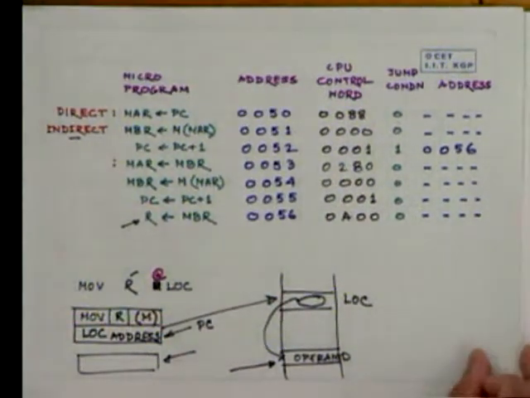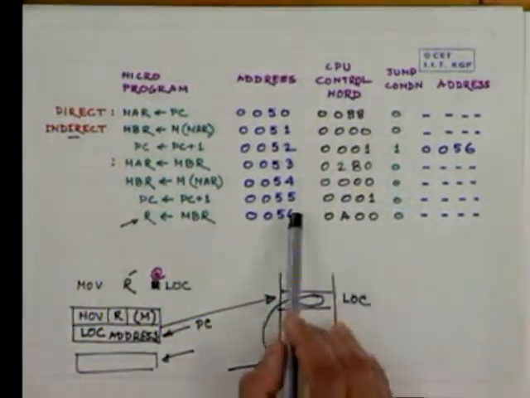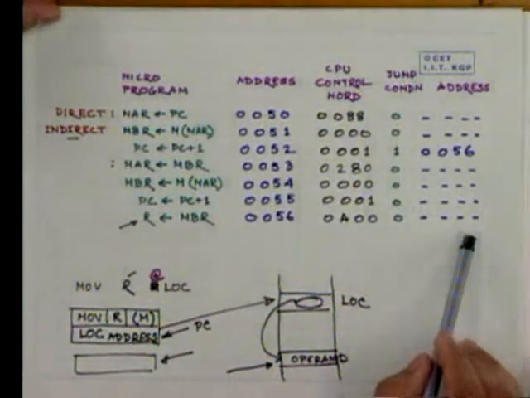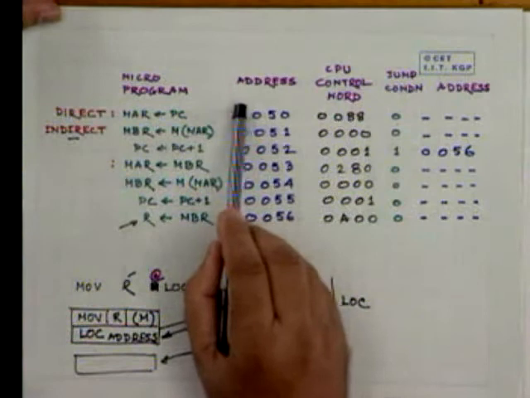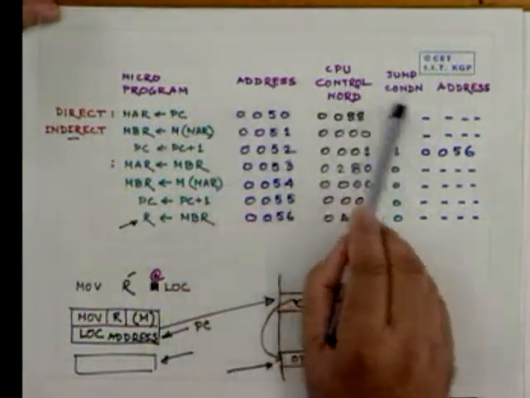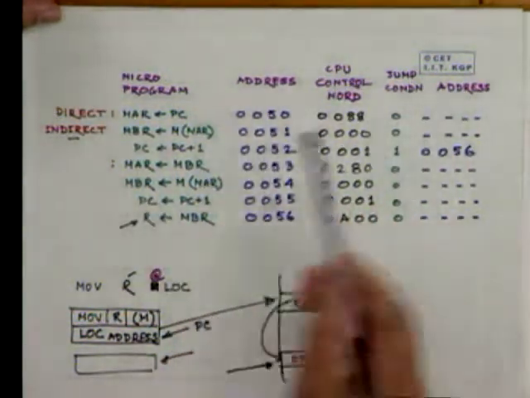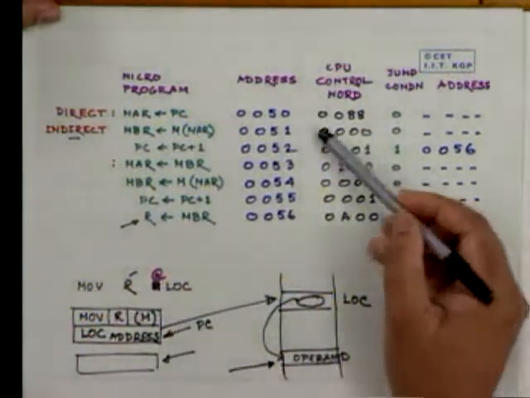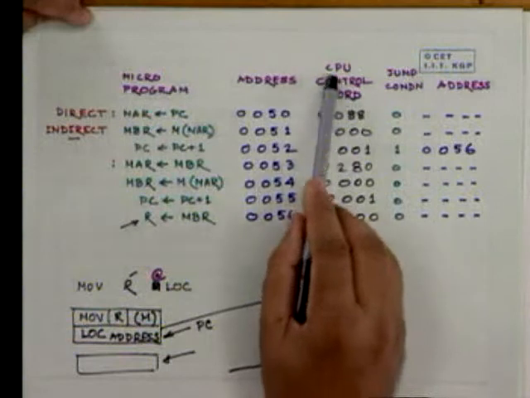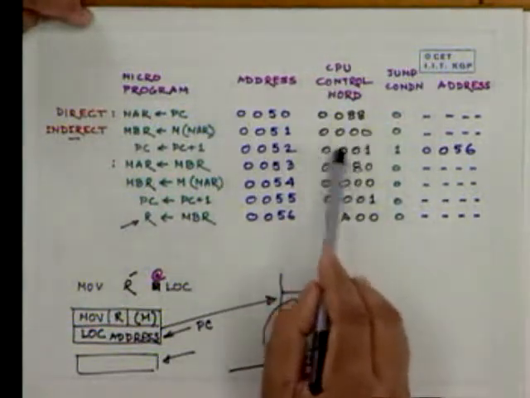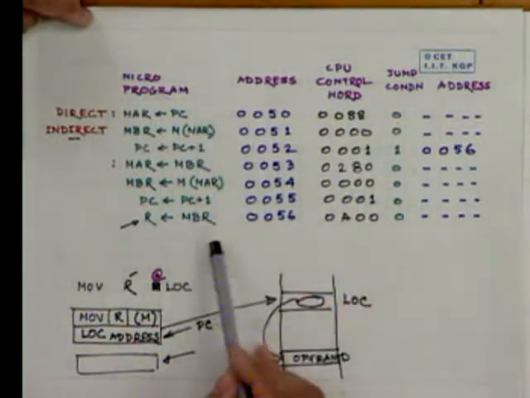Now, what we intend to show you here is that in my total micro control memory, or micro program memory, in different locations we will keep the CPU control words one after the other as the micro instructions demand.